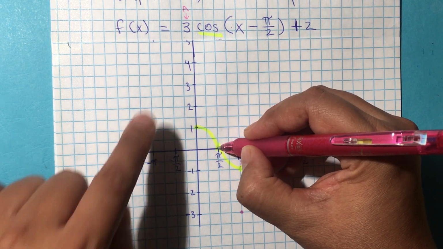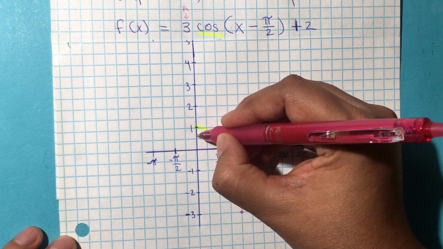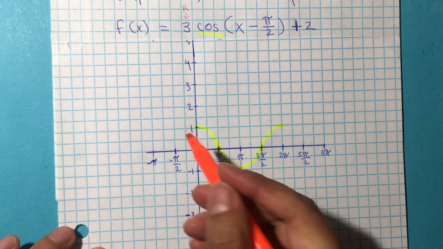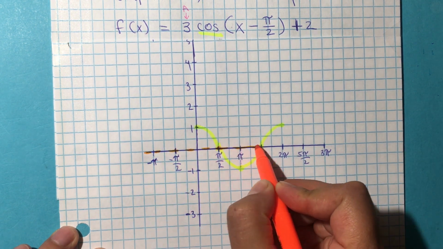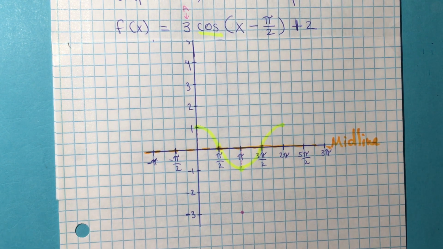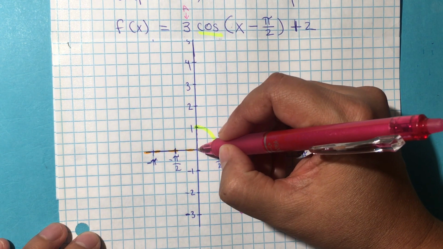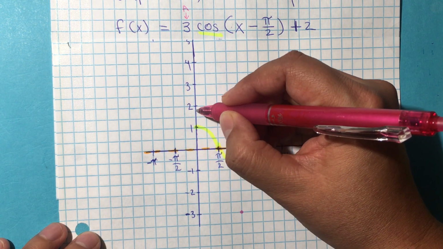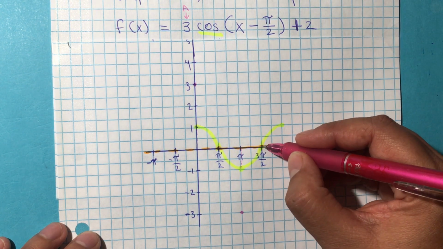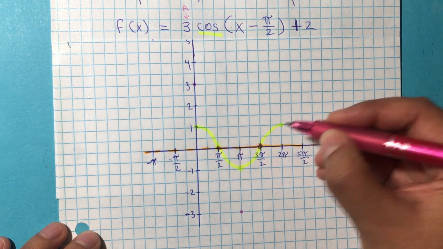In here, 0 times 3 is just 0, so it's going to stay right there. For this one, the amplitude is from that point to the midline. And I guess I could have drawn the midline from the beginning. This is the midline. Okay, and so 1 times 3 is 3. So I start counting from here. 1, 2, 3. That's my new point right there. Again, for this one, 0 times 3 is 0, so it stays there.